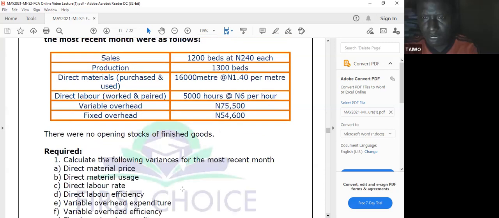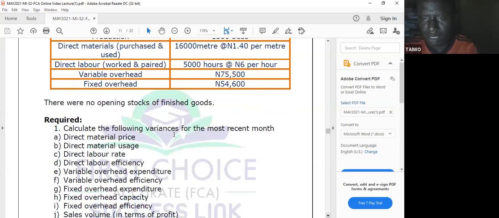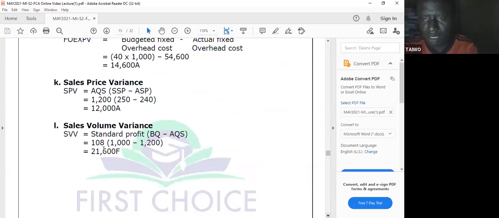Sales volume variance is standard profit times the difference between the budgeted quantity, 1,000, and the actual quantity sold, 1,200. What we have is 21,600 favorable. Can you not see how we get the sales volume variance? It is standard profit times the budgeted quantity less the actual quantity sold.